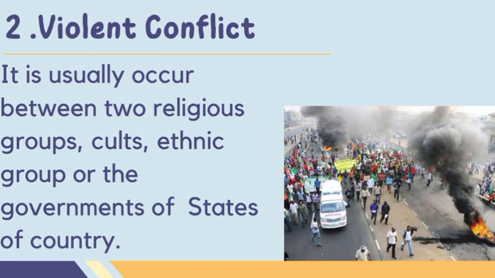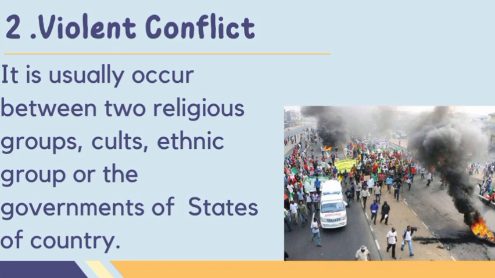It can also happen between cults in institutions. You notice that in some institutions you hear news that cults are fighting, destroying properties, brutalizing people, and killing. So it happens in institutions, that is, cults. Then we have ethnic groups or government of a state. This can also happen between ethnic groups.